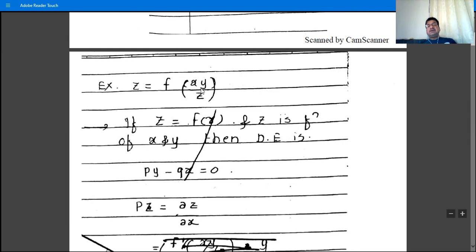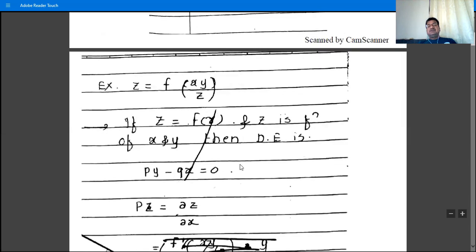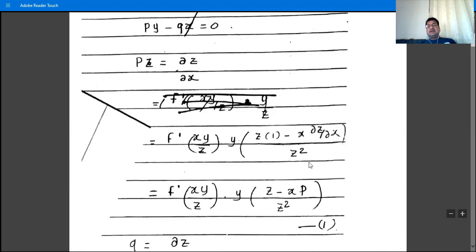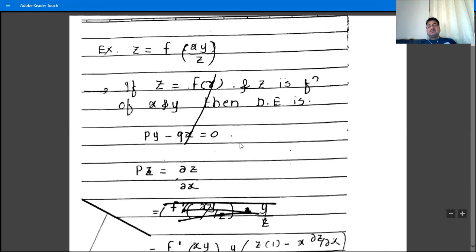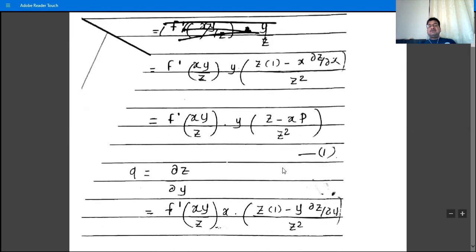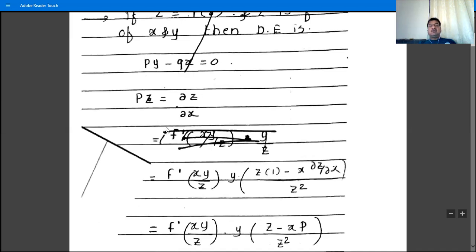Z is a function of x and y. So derivative of x by z by using the u by v rule: z times derivative of x is 1, minus x times derivative of z, which is ∂z/∂x, divided by z square. Y is constant. So we have f dash of xy by z into y, z minus x p, where ∂z/∂x is small p, divided by z square.